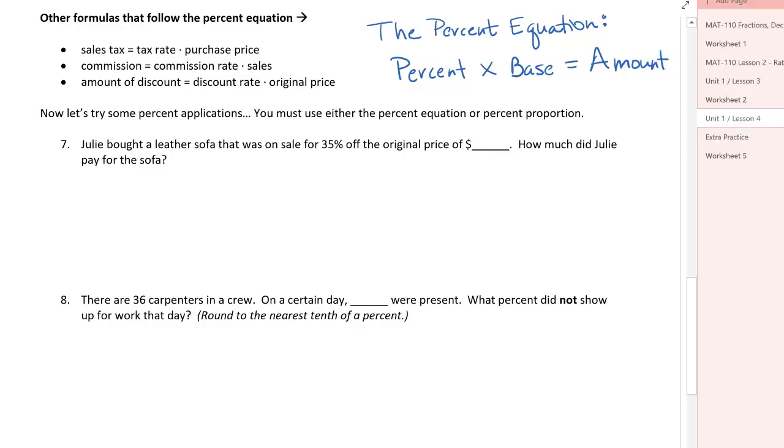So remember, what we did first is we identified the percent, the base, and the amount.